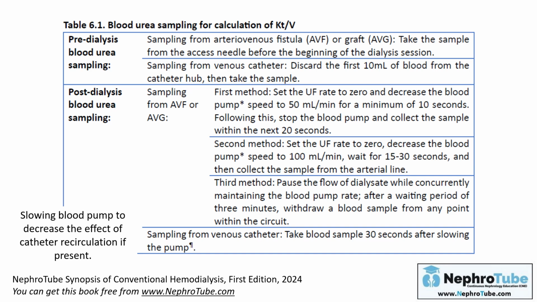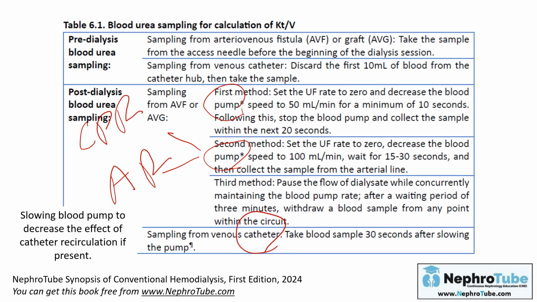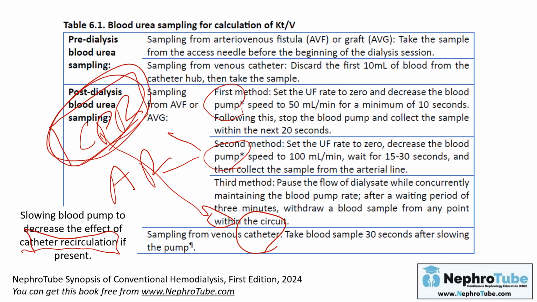We mentioned above that we are slowing the blood pump because we are afraid of 2 points: cardiopulmonary recirculation and access recirculation. Here in the catheter, we are afraid only of access recirculation, catheter recirculation. Cardiopulmonary recirculation is not common to happen in cases of catheter, and I will discuss later what cardiopulmonary recirculation is.